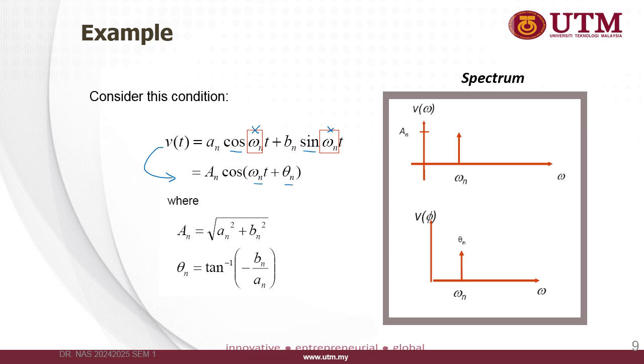To calculate An, it is equal to the square root of an squared plus bn squared, and theta n is given by the inverse tangent of negative bn over an. So please notice that an is the coefficient for the cosine function, while bn is for the sine function.